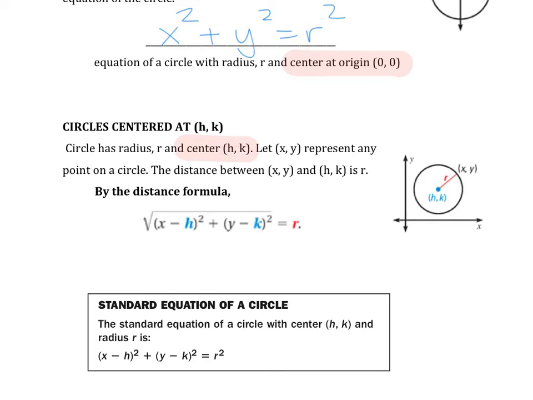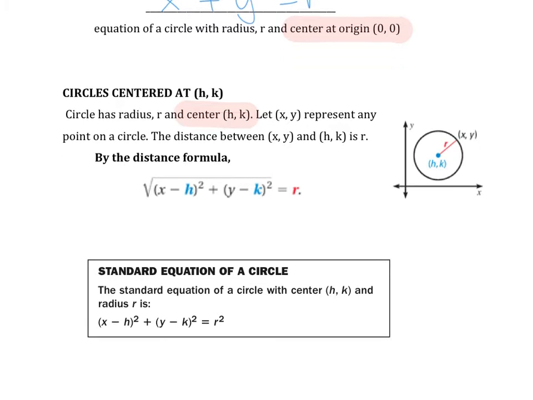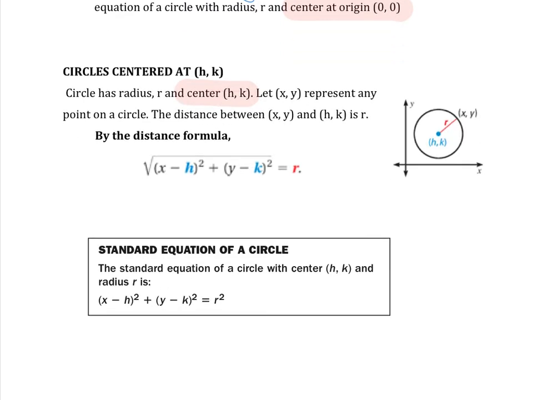Using the distance formula, you see that we have the square root of x minus h quantity squared plus y minus k quantity squared equals r. So the standard equation for a circle with a center other than the origin and a radius r is x minus h quantity squared plus y minus k quantity squared equals r squared.